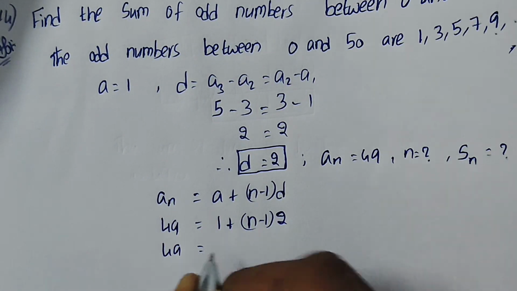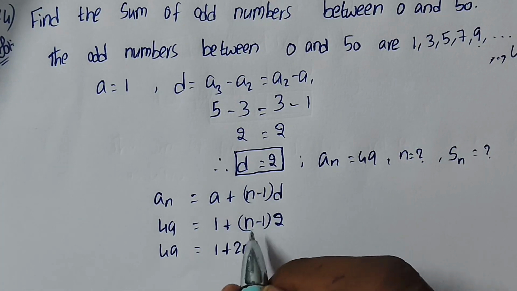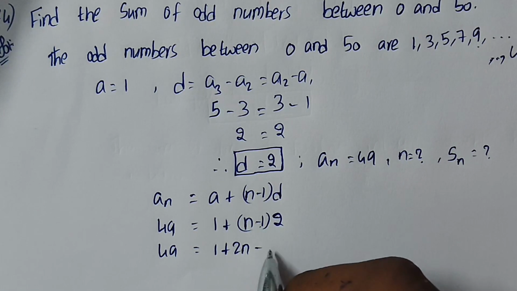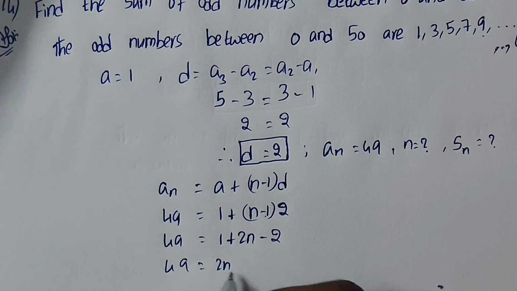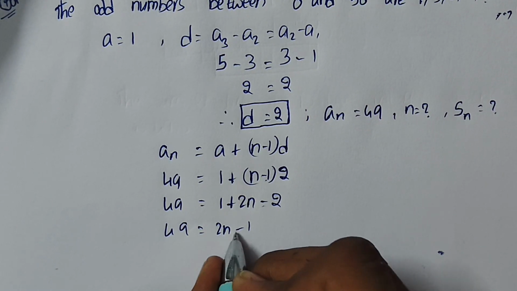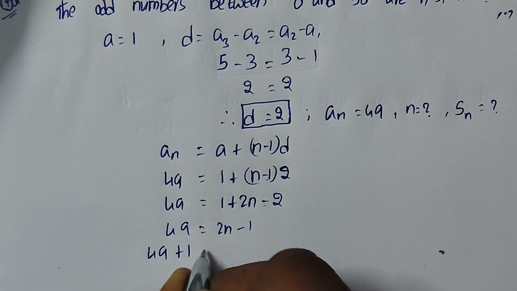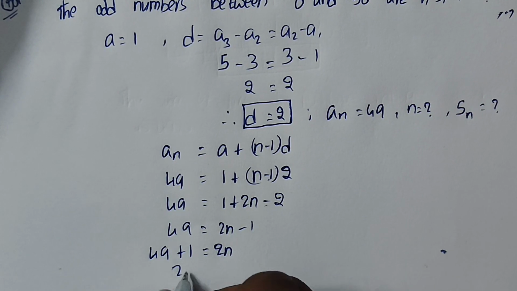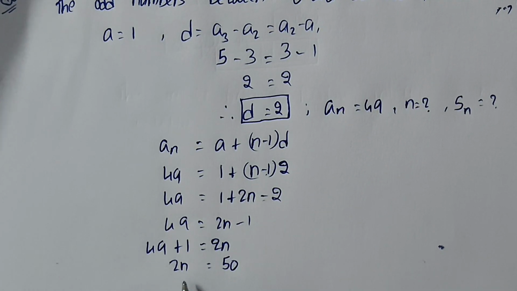Understand? Here 49 is equal to 1 plus 2 into n minus 1, that is 2n minus 2 plus 1. So 49 is equal to 2n minus 2 plus 1, which is 2n minus 1. If you transpose minus 1 to the left side, it becomes plus 1. 49 plus 1 is equal to 2n. 2n is equal to 50. Here 2 is multiplying n.